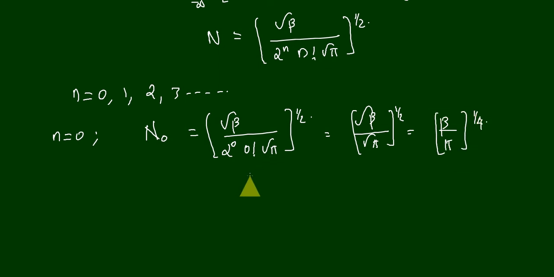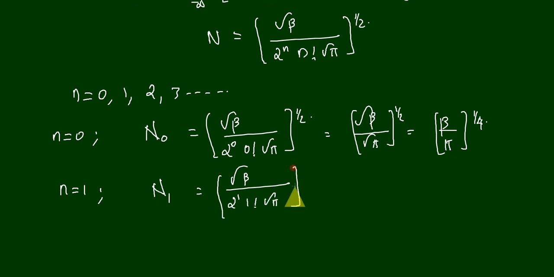Okay, so that is N0, and like that we can find out N1, that is for n is equal to 1, we have another normalization factor, that is N1, which is root beta divided by 2 raised to 1, 1 factorial root pi, the whole raised to half. That is equal to root beta divided by 2 raised to 1 is 2, 1 factorial is 1, that is 2.